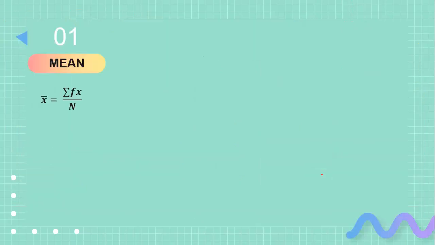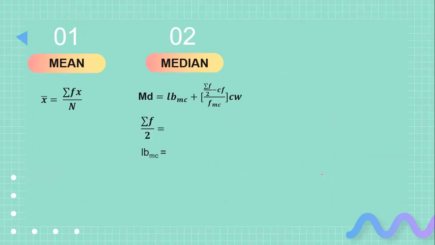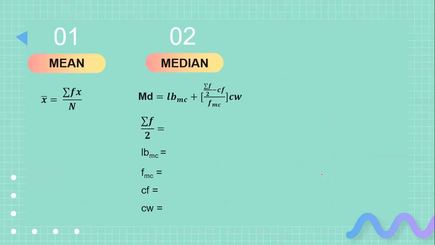So find the mean and median. x bar is equal to the summation of fx, which is 525, over the total frequency, which is 30.